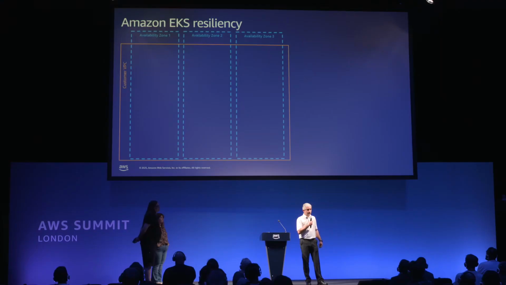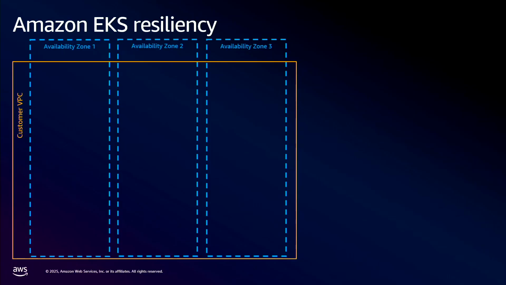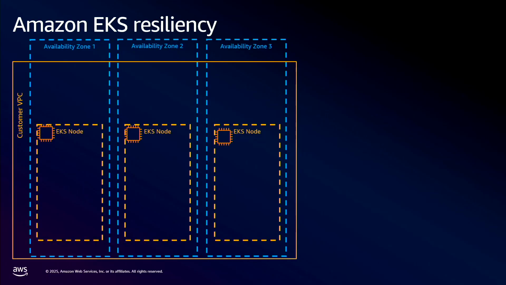Now, EKS is already leveraging that on the control plane, as you heard from Liz, but how can you leverage it for your own applications? On the diagram, you see that there are 3 availability zones, and let's imagine there are 3 EKS nodes. A common anti-pattern we see is where customers are putting all their pods on a single node.